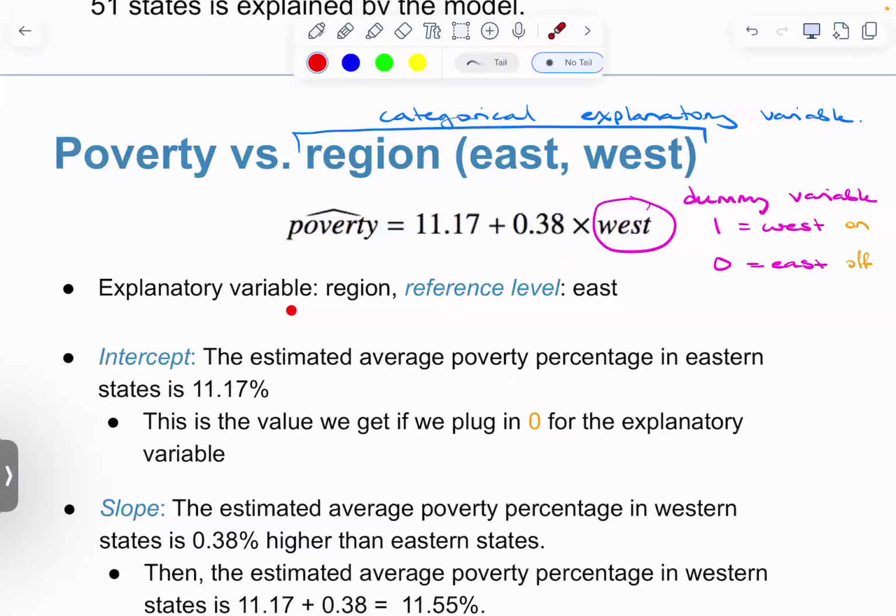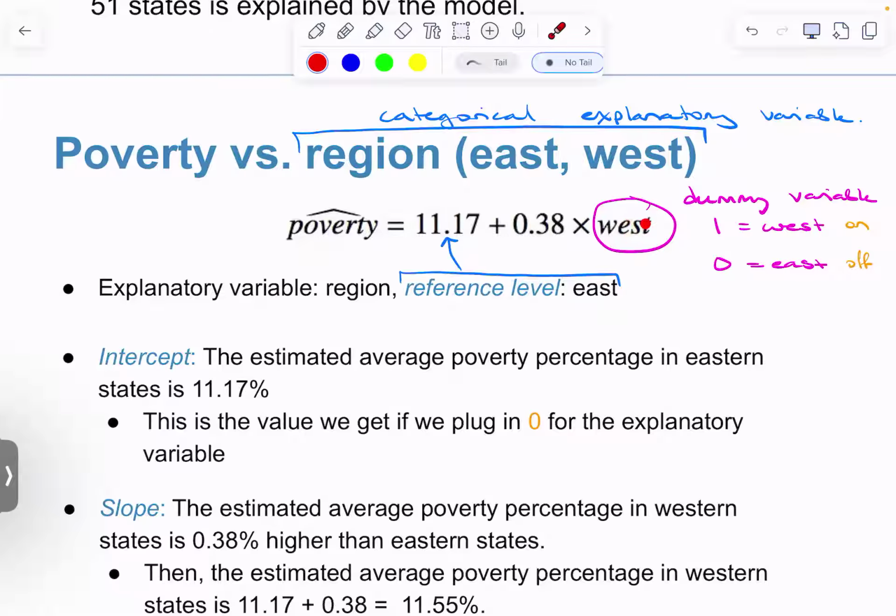So in terms of our explanatory variable, west can be turned on or it can be turned off. Then what happens is the reference level, which is east, would be held in just the y-intercept. And so here, the reference level, which is your east, is going to be this 11.17, because that's the predicted percentage in poverty when west is off.